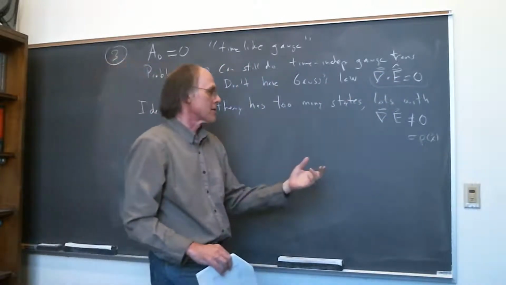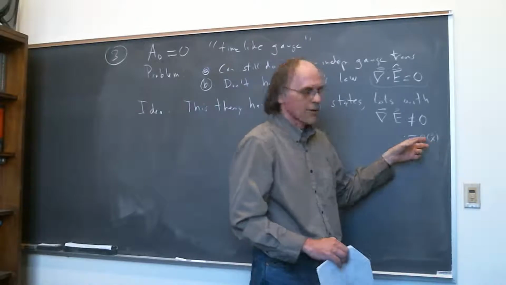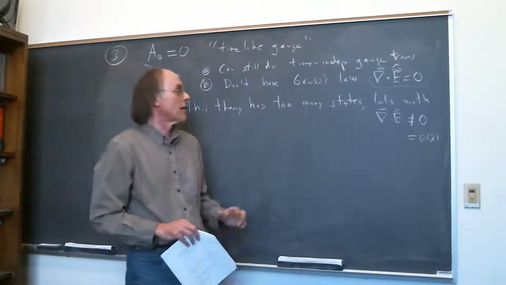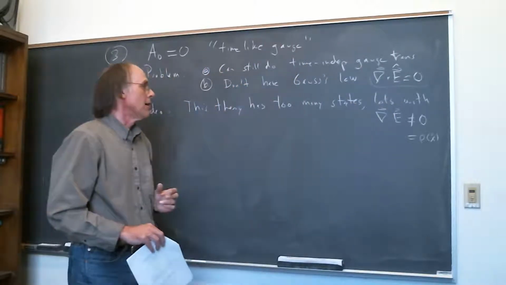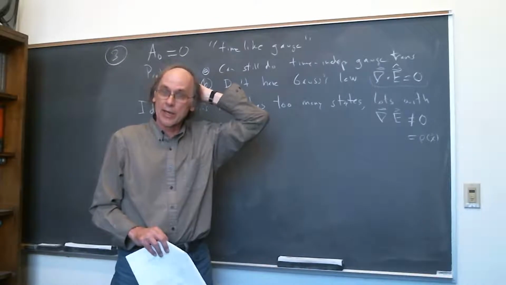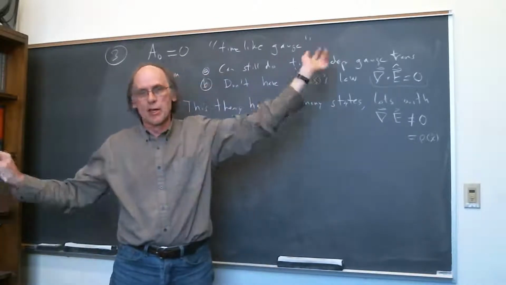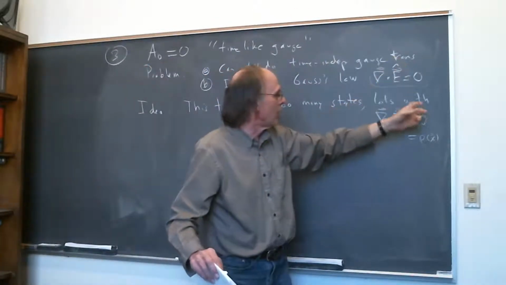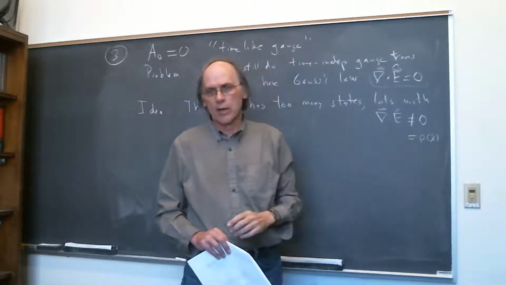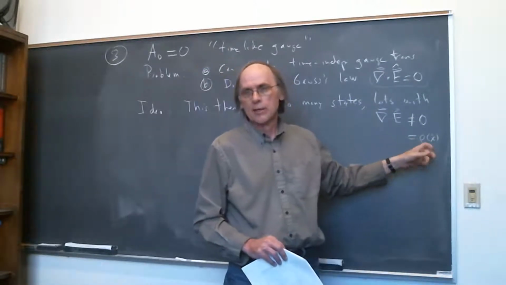Those eigenvalues you could interpret as some kind of background electric charge distribution. So you've quantized a theory, but it's much too big. It has states with arbitrary background electric charge densities.